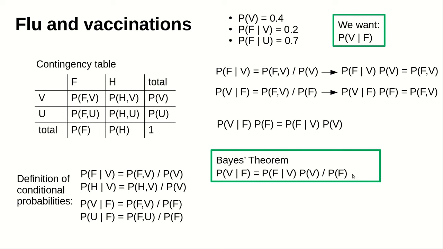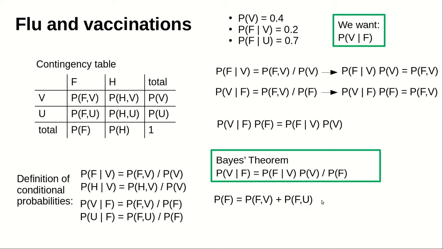You can get this value by summing up the first column of the original contingency table. The formula is slightly messy, but you don't need to memorize it if you can remember it's just a total from the contingency table. The sum of the first column is P(F,V) plus P(F,U), including both possibilities of being vaccinated or unvaccinated while getting the flu.